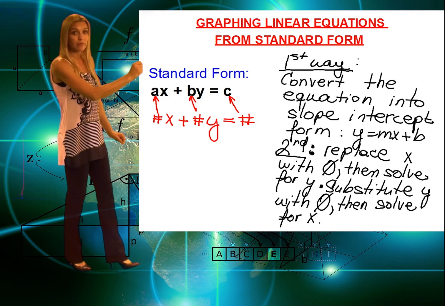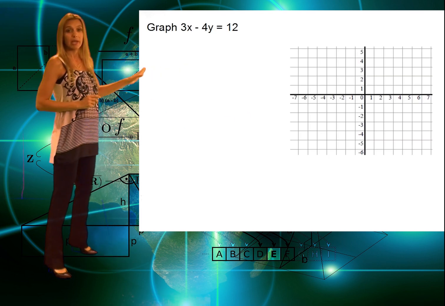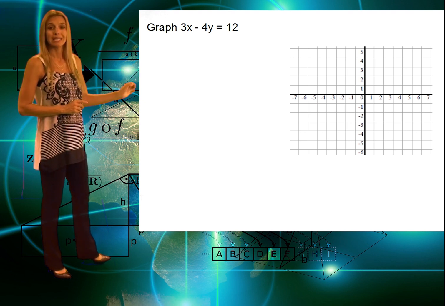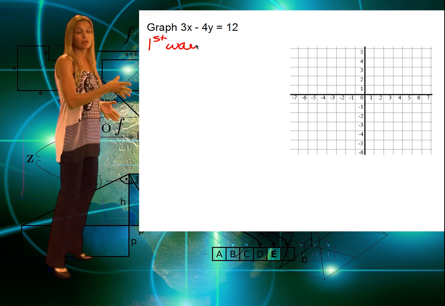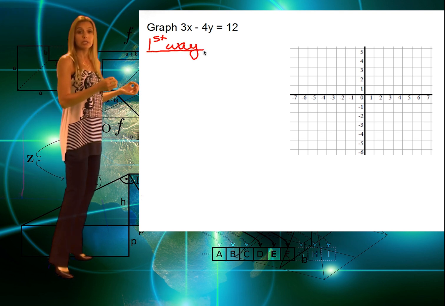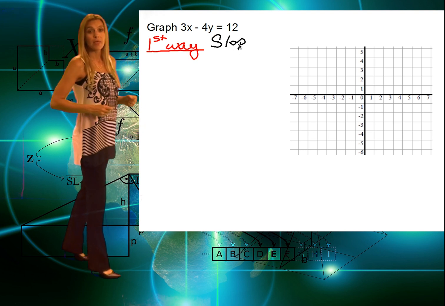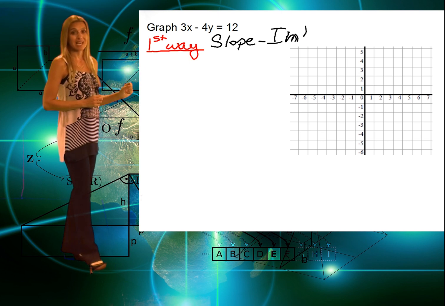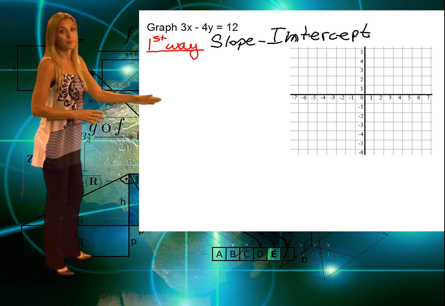So if I have an equation in standard form and I have to graph it, if I have 3x minus 4y equals 12, I can actually use the first way, which is to use the slope-intercept form. That means slope-intercept form says y equals mx plus b.